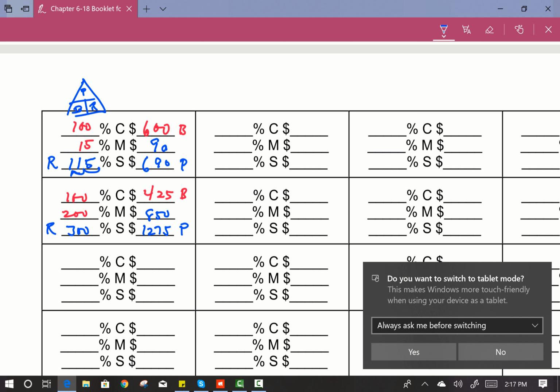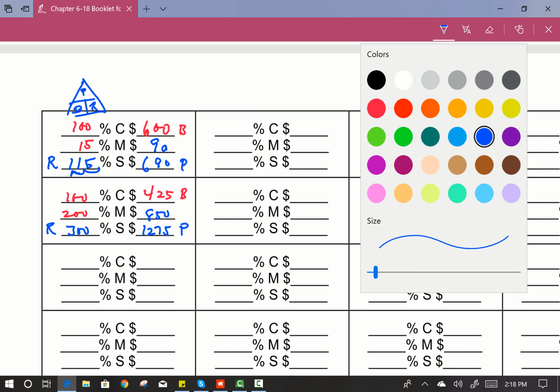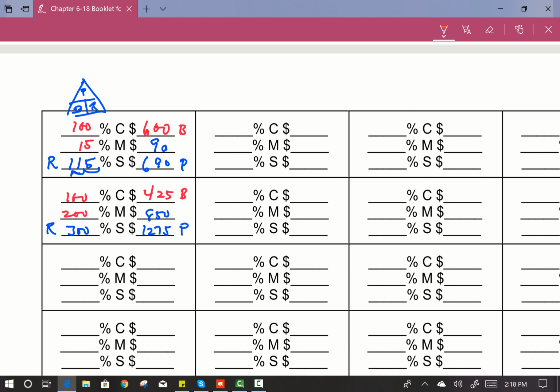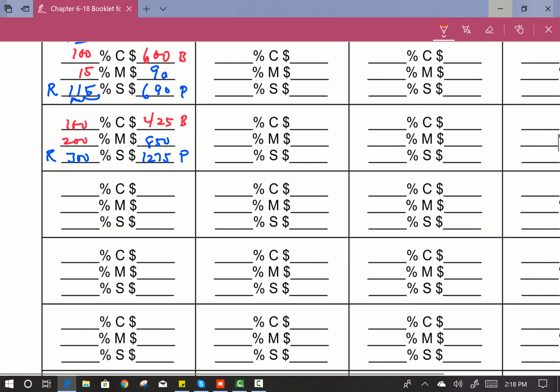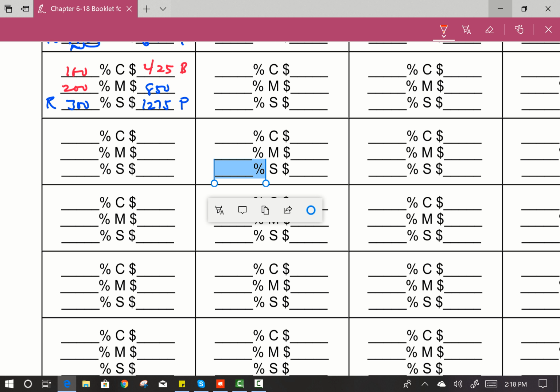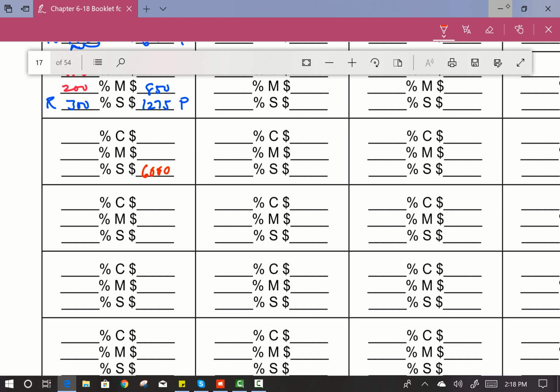Okay, the third one. The selling price of office furniture at Staples is $6,000. The percent markup on cost is 40%.